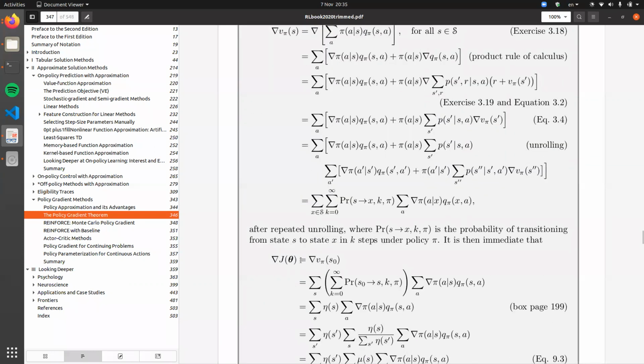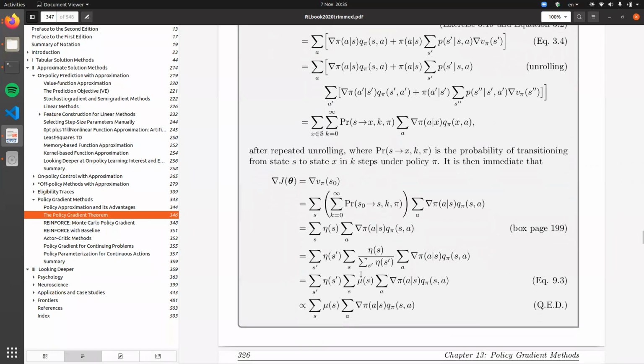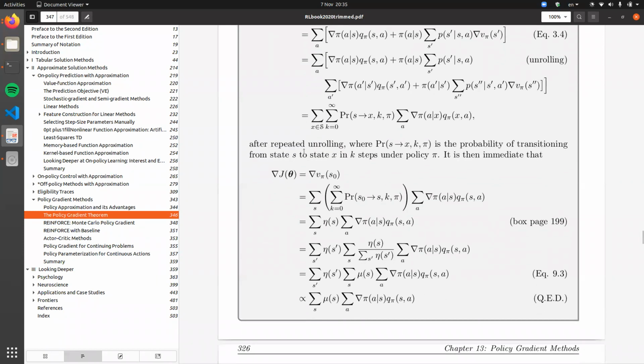Remember that our objective is... here we have written out the gradient of the value function for a particular state, for any state, but we are interested in the gradient of the value function for the starting state s0.